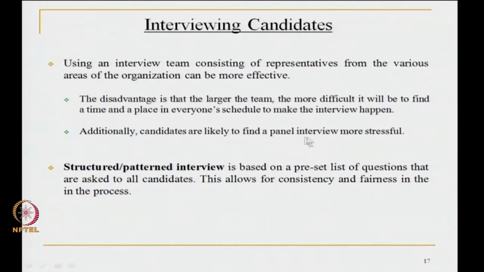Well, the experience of an interview has spawned almost a profession, where people run coaching classes in facing interviews, but we do not want to get into that. All that I am saying is the advantages and disadvantages of interviewing candidates. There can be a structured, patterned interview, which is based on a preset list of questions asked of all candidates.